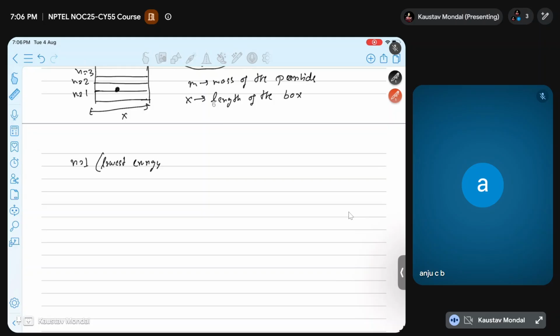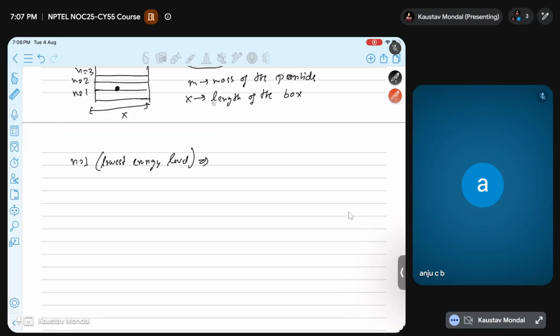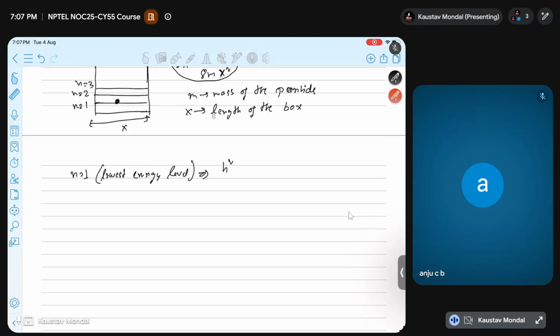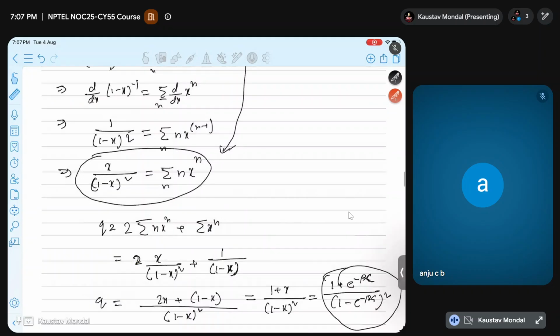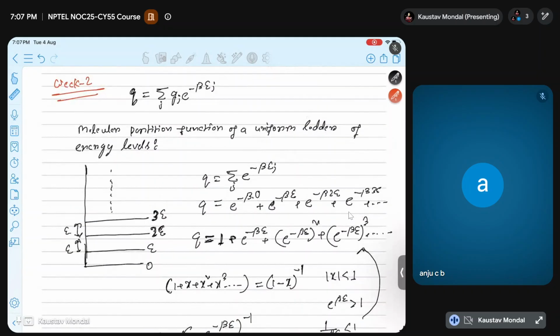The lowest energy level is basically given by E1 equal to h square by 8mx square, which is basically E. Now, as you can see, in the case of the uniform energy ladder, we started with the ground state energy equal to 0.